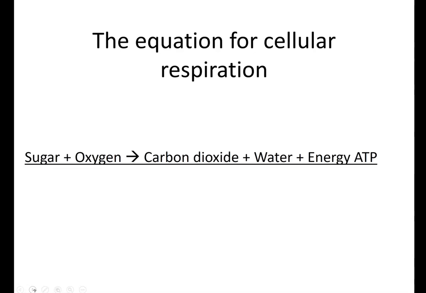The equation for cellular respiration is one that you must know. You need to know what goes in and what comes out. So sugar, this is our glucose right here, and oxygen. This is why we breathe.